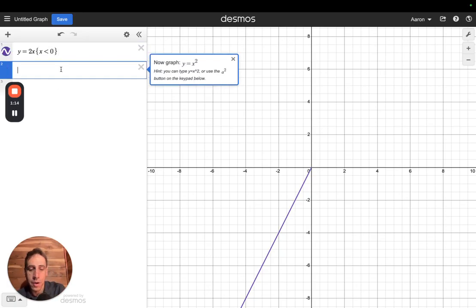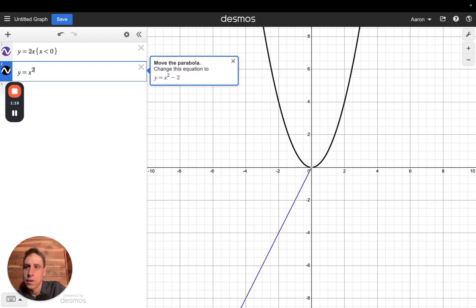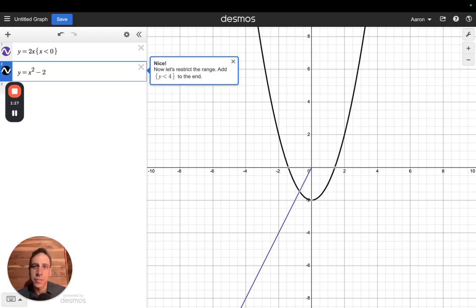Let's see, y equals x squared. Okay, change this equation to y equals x squared minus 2. I can do that. Now let's restrict the range and add y is less than 4 in brackets.